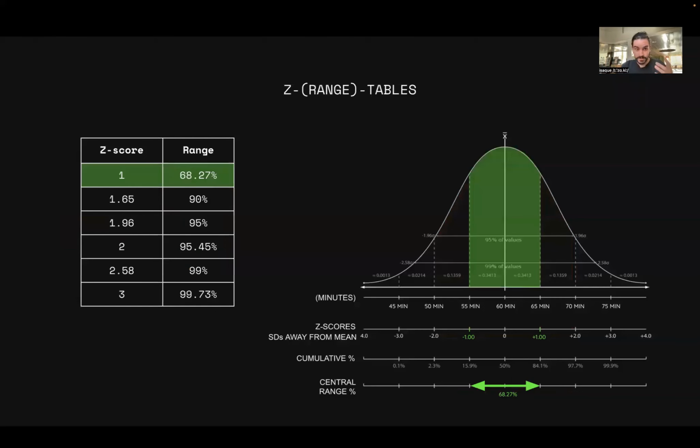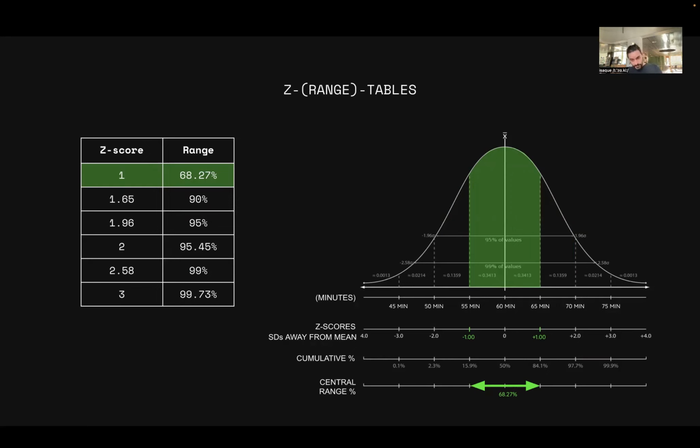Okay. Now, let's talk about the Z range table. Thank God we don't have to calculate a range like this ourselves. Someone did that for us, and there's a table that gives us the range. I'm going to show you because these are numbers that already exist, so you don't have to do this manually every time. You just look at the numbers.